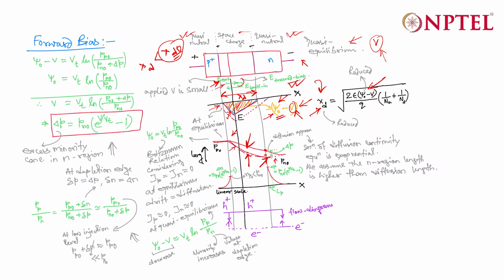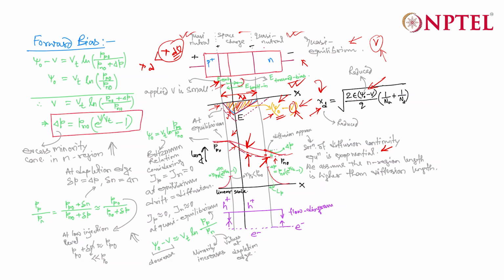And the solution of the diffusion continuity equation, if you solve the continuity equation we solved previously, we have seen that the nature of the equation is exponential. So in this case, you will find this particular plot is slowly going down and will meet with the equilibrium situation at a certain distance.